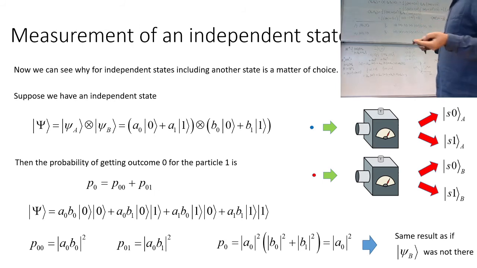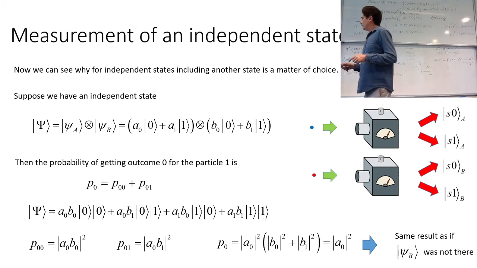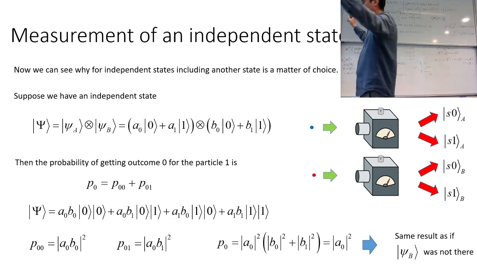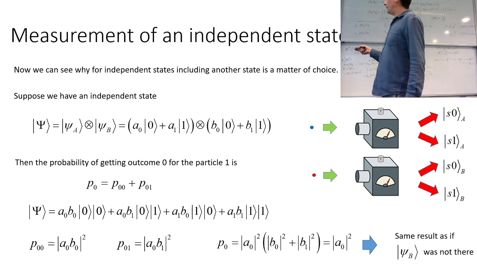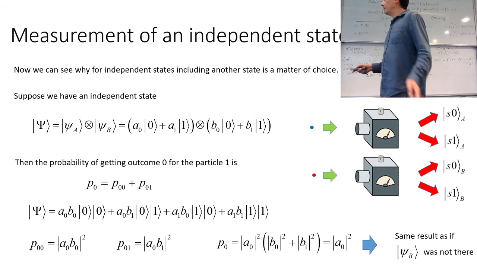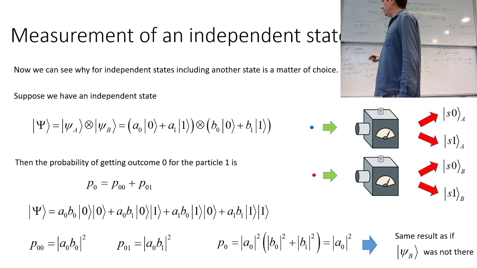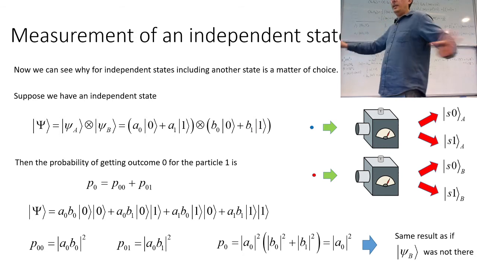And this is the special case of if the state itself was independent, right? So if the state was just a product state, this was the case when they're totally independent from each other. Essentially what I'm trying to say here is that even though it's a 2-particle system and we're going to do a 2-particle measurement, the underlying states are completely independent.